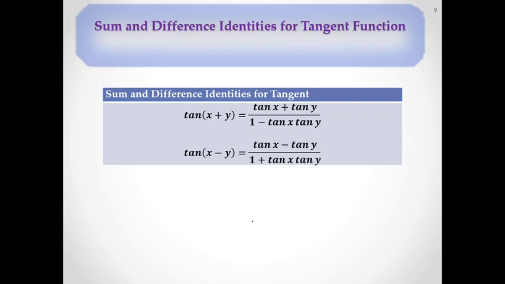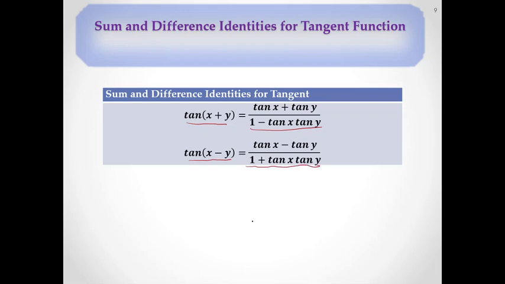Now, we have sum and difference identities for the tangent function also. Tangent of x plus y is equal to tangent x plus tangent y divided by 1 minus tangent x times tangent y. And tangent of x minus y is equal to tangent x minus tangent y divided by 1 plus tangent x times tangent y.